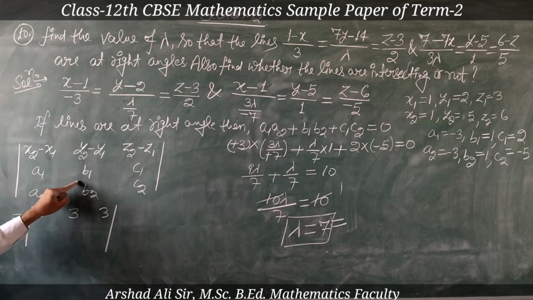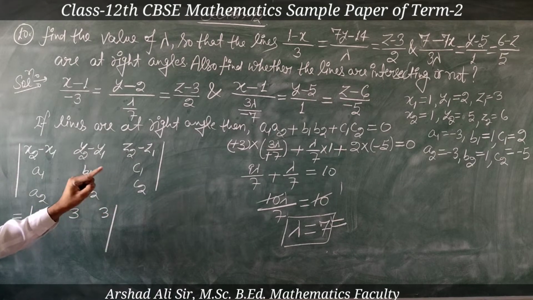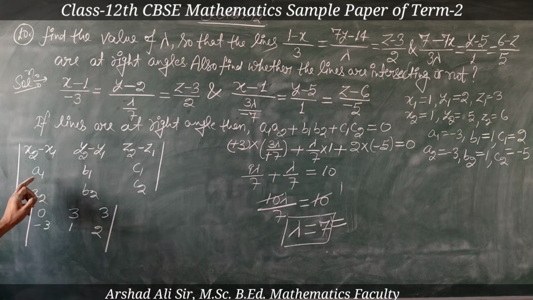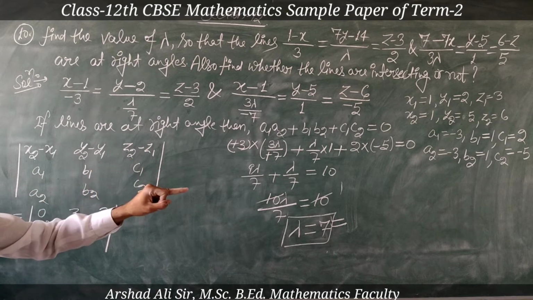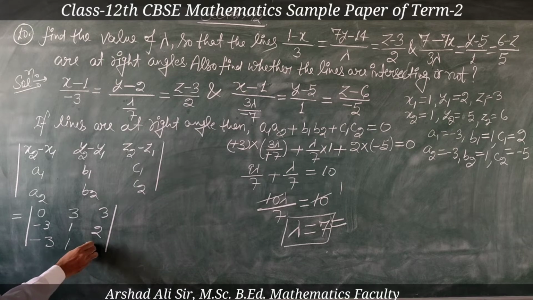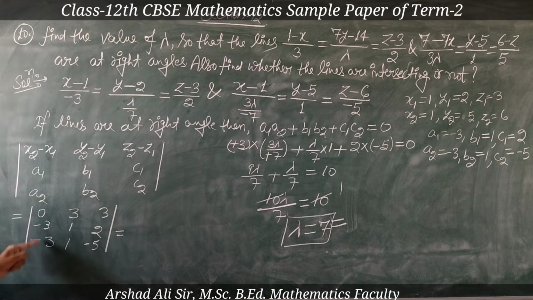Okay, now a1 b1 c1: minus 3, 1, 2. a2 b2 c2: minus 3, 1, minus 5. Okay, we can expand this determinant. First row, first column, 0 is the multiple, so it will be 0.